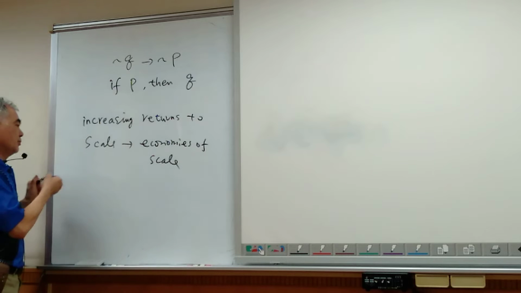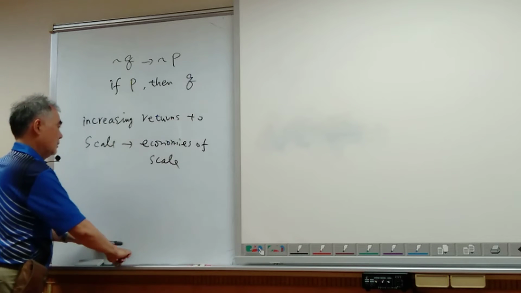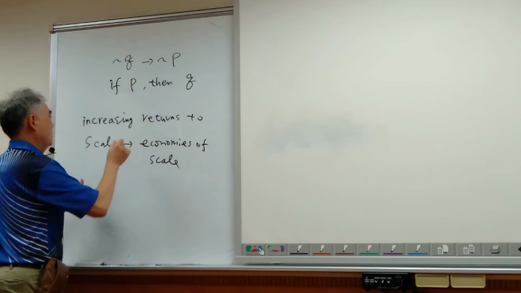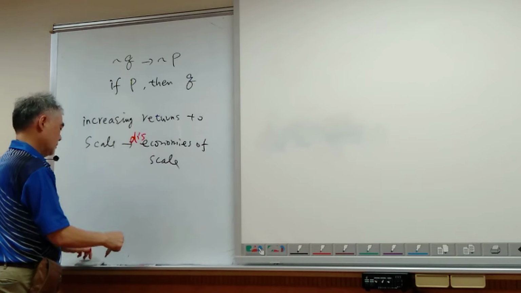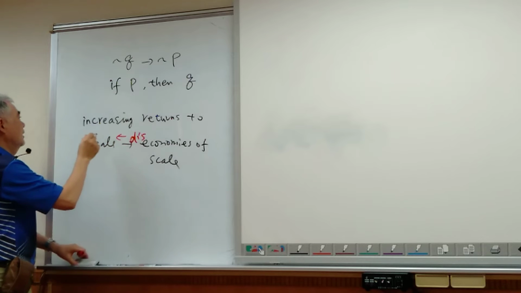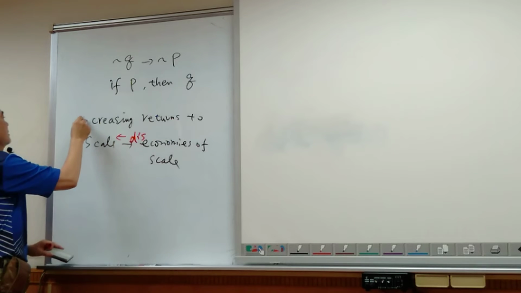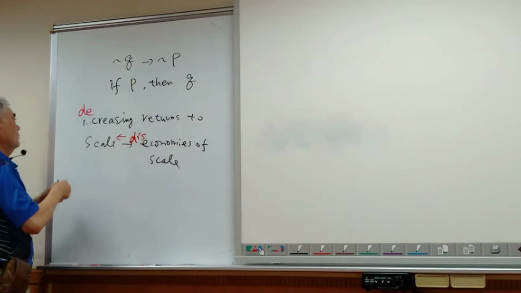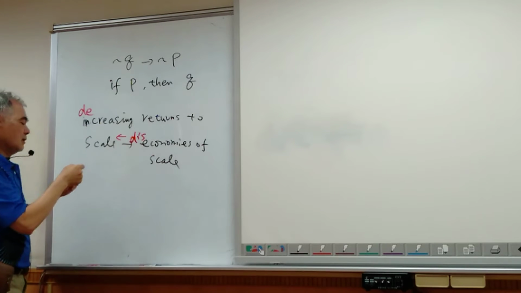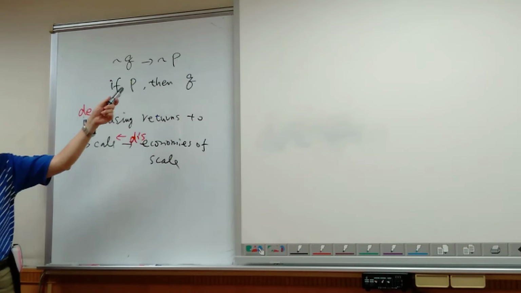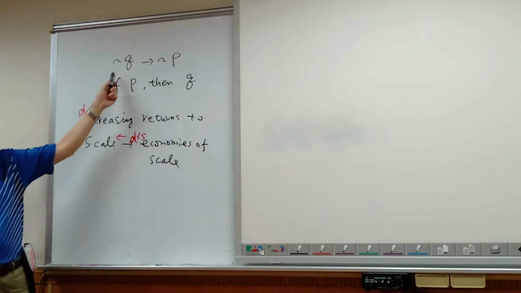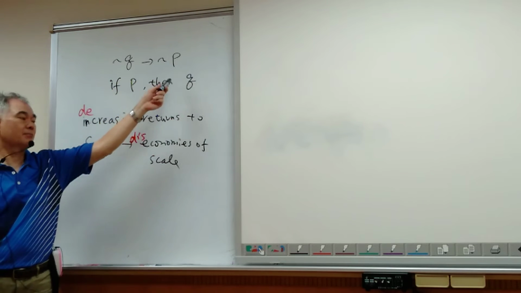So the opposite would be, if not economies of scale, then what do you have? You have decreasing returns. Sorry. So basically the reasoning follows: if P then Q, then we have non-Q leads to non-P.